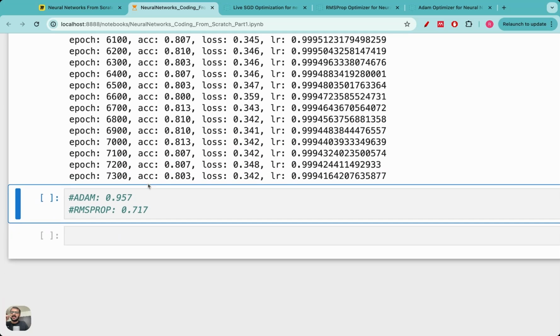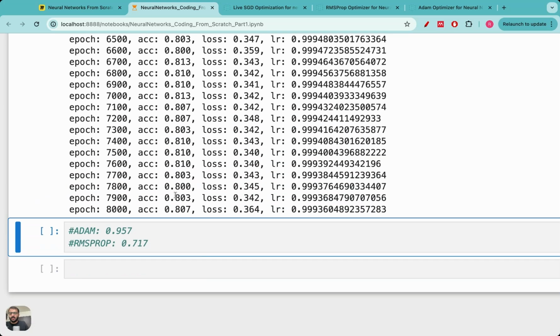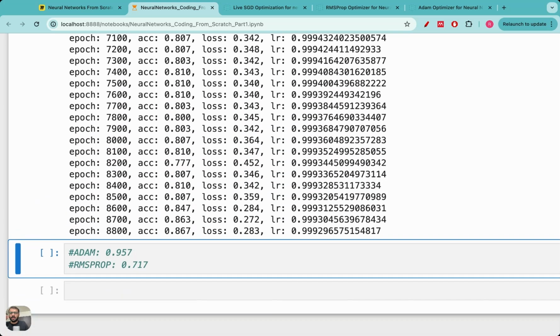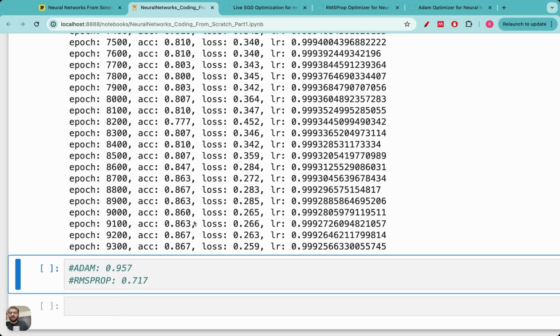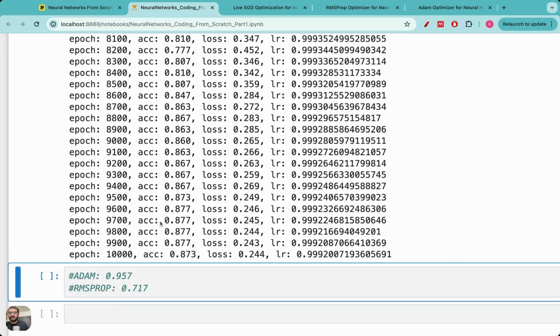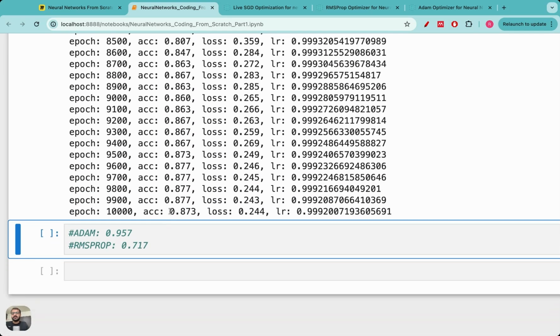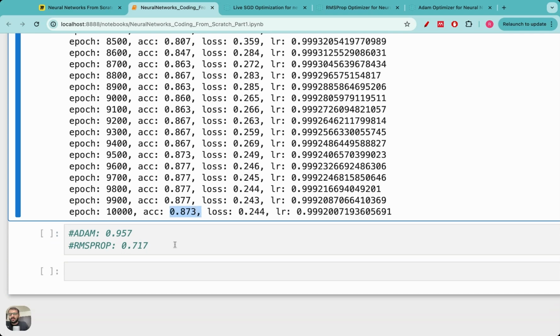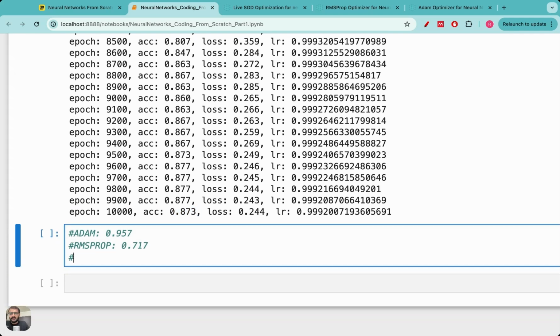Here you can see that we are getting a better accuracy, which is good. We are at around 10,000 iterations, and the accuracy is 0.873. So I'll just write, just using the momentum, the accuracy is 0.873.